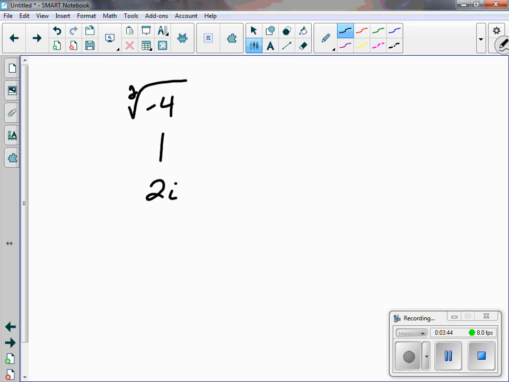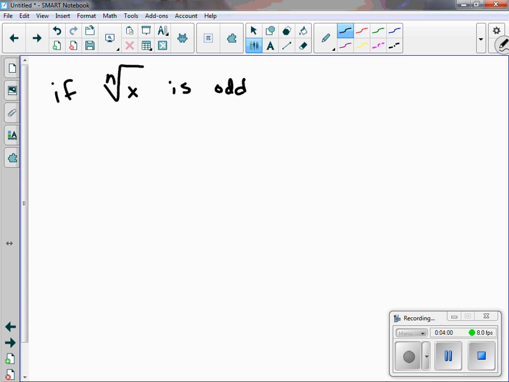So here's the rule of thumb. You don't need to erase this, I'm just erasing it for space here. The rule of thumb is if the nth root of x has n odd, then it is real. It is possible.